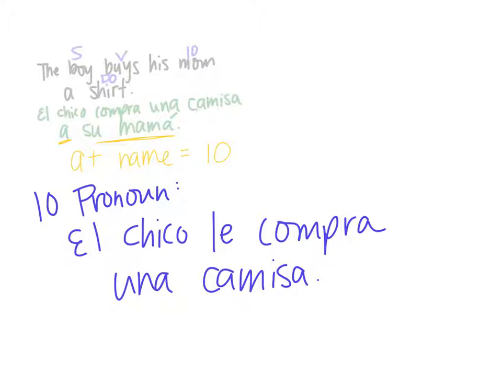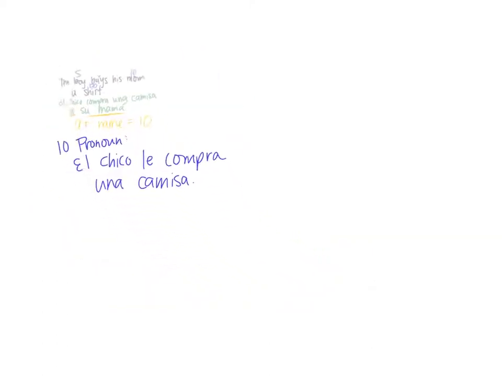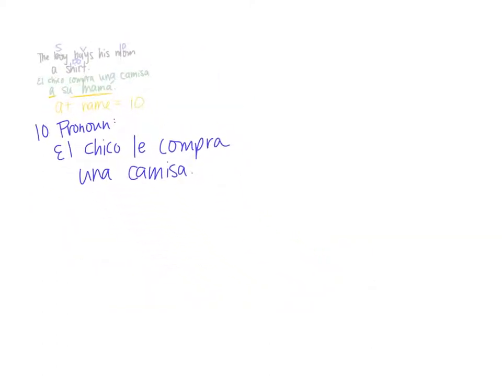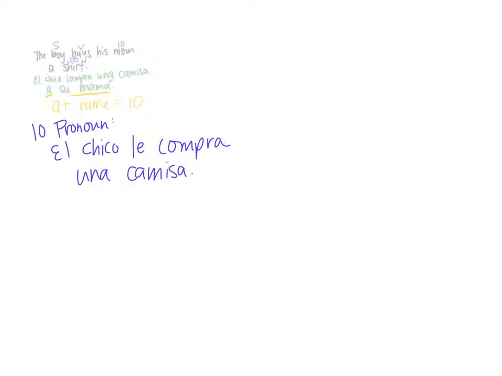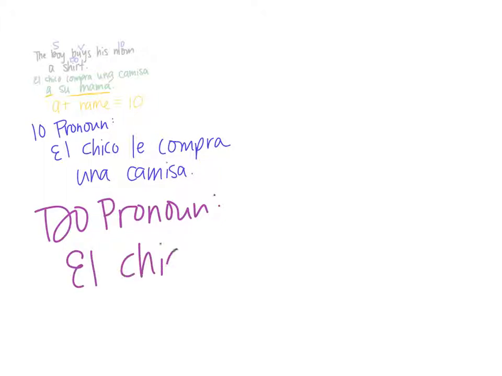All right? That's what I want to do if I have an indirect object pronoun. Okay? What about if I just wanted to use the direct object pronoun? Then I would go like this. El chico. Then what's my direct object?